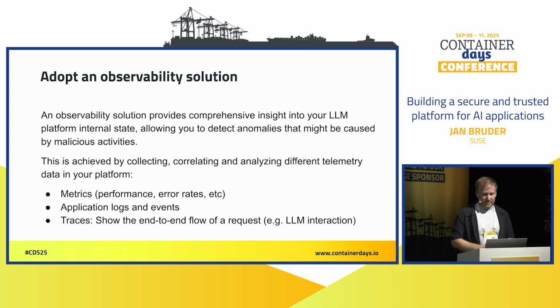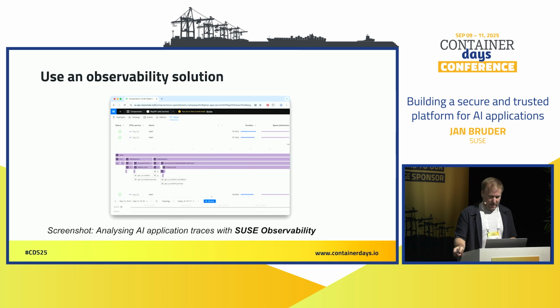An observability solution not only provides insight into generic applications, but you can use it specifically to get insights into LLMs, for example performance in terms of tokens, GPU usage, and cost that is generated by the LLM. And this is achieved by collecting all the raw metadata that is generated on the cluster, like logs, metrics, tracing, and so on. And of course, my company also has a solution for that, which is called SUSE Observability.